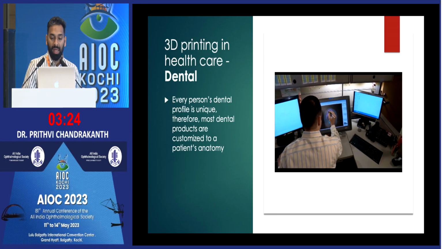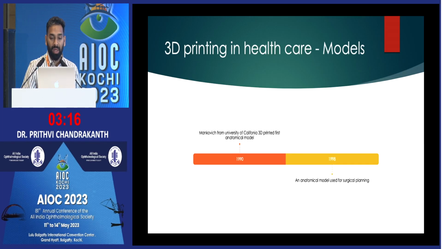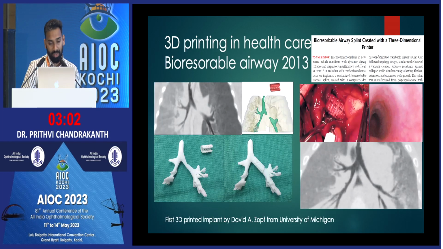And in the health sector, 3D printing has come into dental, where they use 3D printed dentures. Taking medical consideration, it was actually introduced in 1990 by Mankiewicz at the University of California, but it didn't take off much, and by 2013 3D printing started getting more popular.